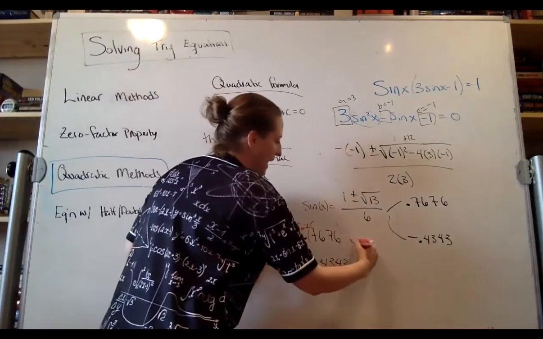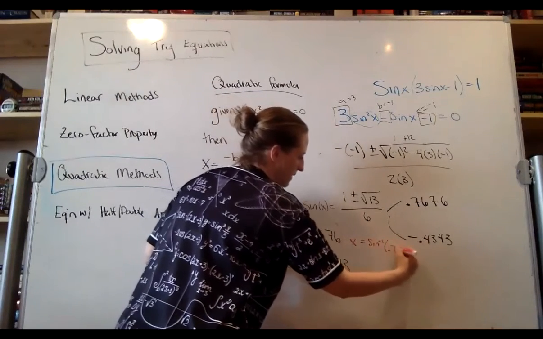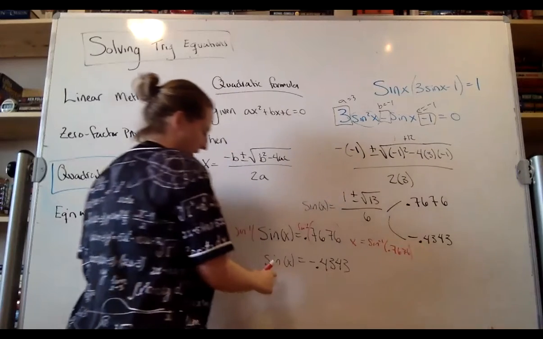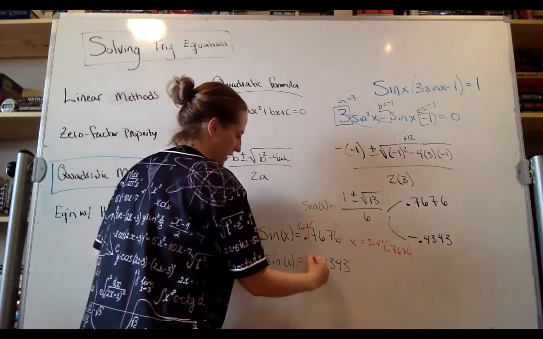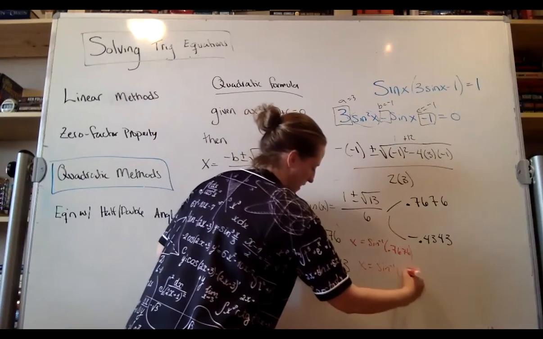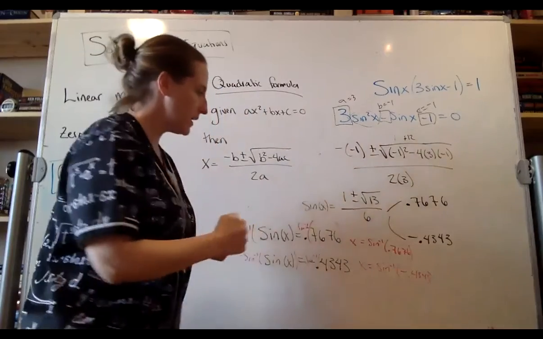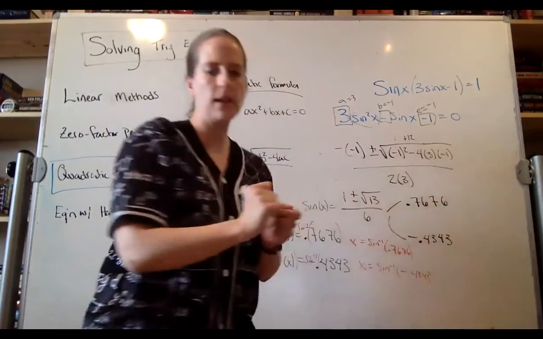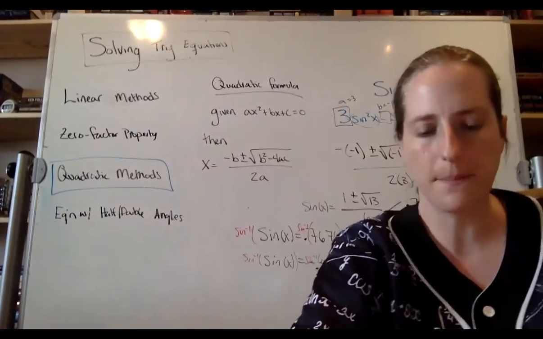And so I'll have that x from here equals inverse sine of 0.7676. And from here, doing the same thing, I'll have that x equals inverse sine of negative 0.4343. So let's go ahead and go to our calculator and see what we get for those numbers and then come back and talk about that.